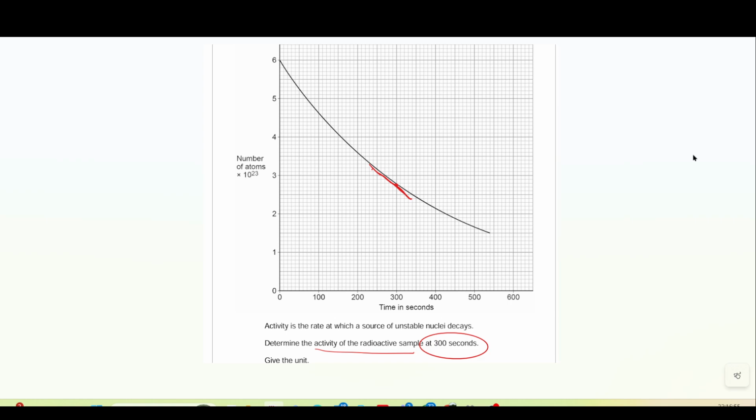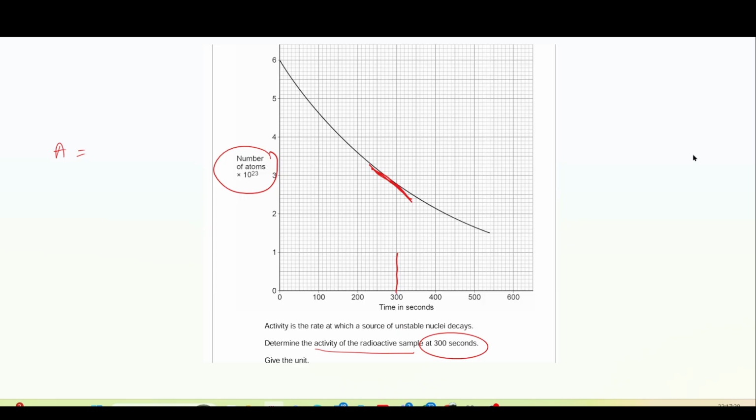So at this point, what we have given is 300, and the formula to find the activity is change in number of atoms divided by change in time. Okay, so change in number of atoms, if we take any two points, like if I make a straight line, and at this straight line, let's say at 300, like this tangent. Why I draw this tangent, it is telling that we are assuming that here it is a straight line.